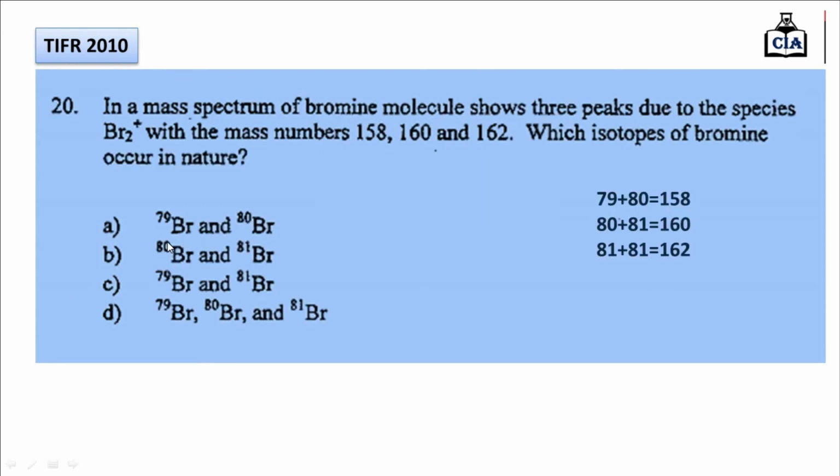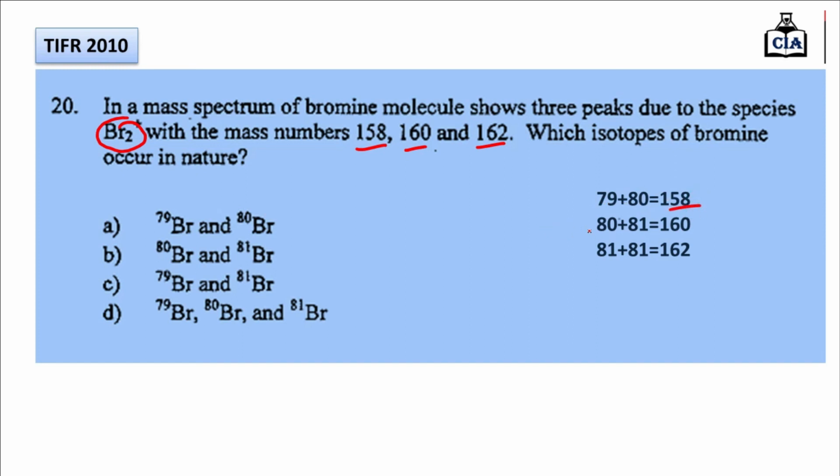Now next question from the TIFR 2010. In this question we have to find out the isotopes of Br2 plus. The Br2 plus has mass numbers 158, 160 and 162. If we take bromine isotopes 79 and 79, then the summation is 158.